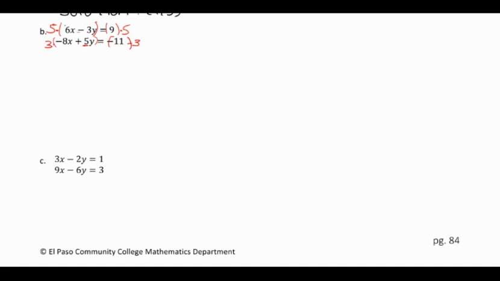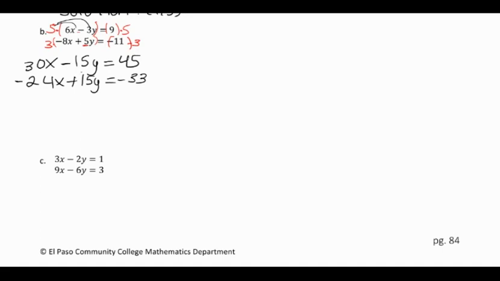All right, so let's go ahead and do that. So we have 5 times 6x is 30x. 5 times negative 3y is negative 15y equals 9 times 5 is 45. And then we have 3 times negative 8x is negative 24x. 3 times positive 5y is 15y equals negative 11 times 3 is negative 33.